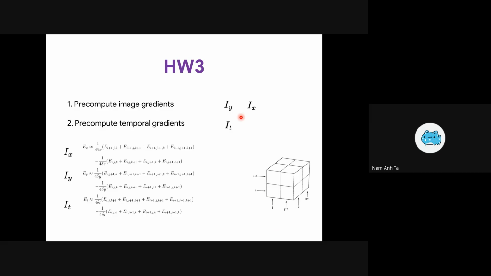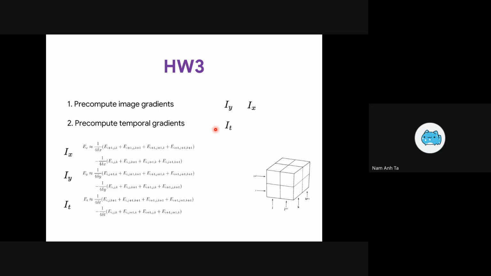So to start here, you need to calculate the image gradients, the Ix and the Iy. When you compute the spatial gradients and the temporal gradient It for every pixel, the method involves using the differences in the neighboring regions to estimate the gradient.